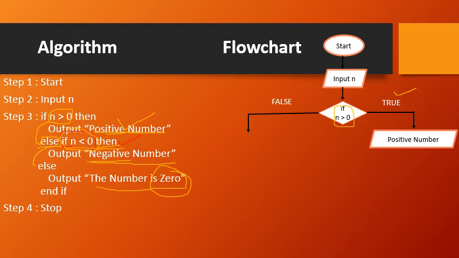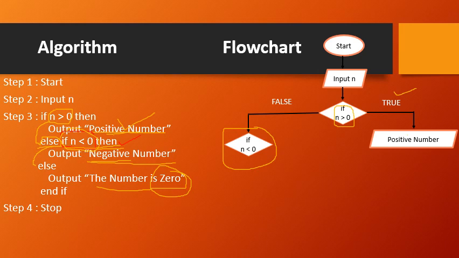Another if condition. So if condition means the symbol, the rhombus, we need to draw once again, right? In that rhombus, we need to mention if n less than 0. Okay, see here, if n less than 0. This is because in the else part, we have one more condition, that is if n less than 0. So that is written here.